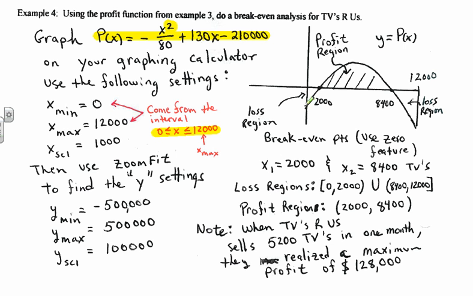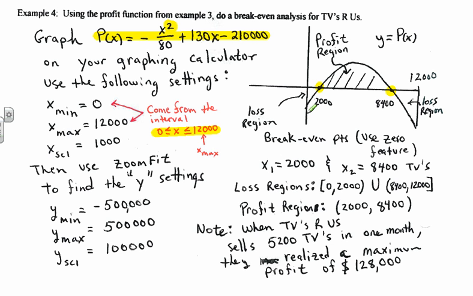So this is what we expect to see on our calculator screen: a parabola that opens downward. Knowing that, right away I see that there are going to be two places where the parabola crosses the x-axis. Those right there are my break-even points.